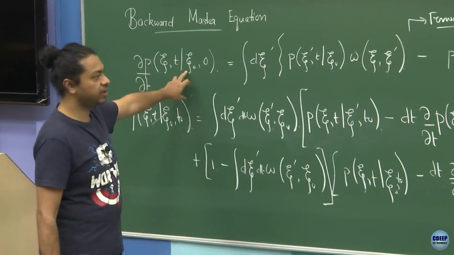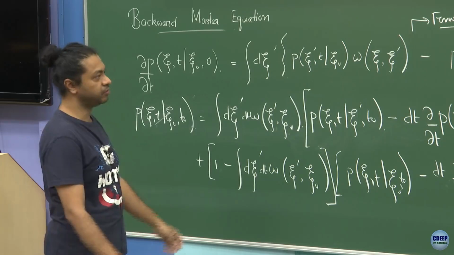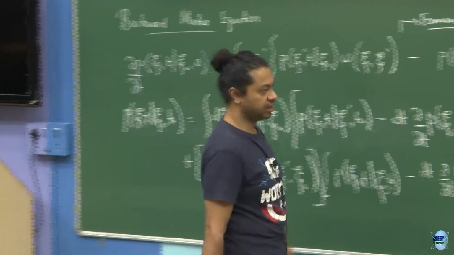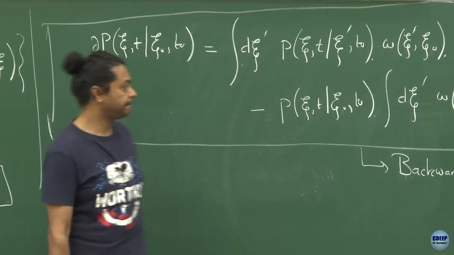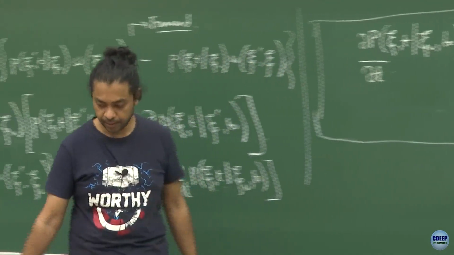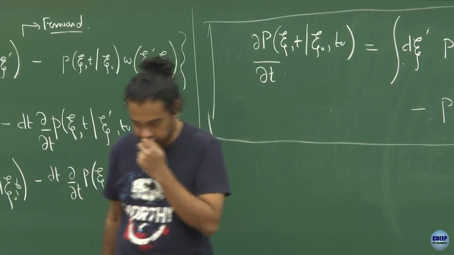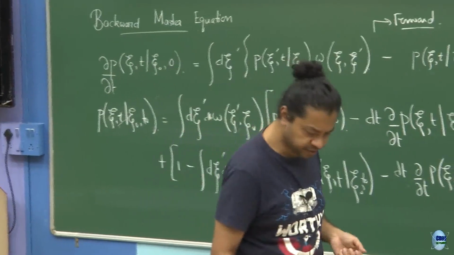So both of these are essentially describing the same physical process. It's just two ways of looking at this time evolution, one by considering the final state and another by considering the initial state. Is this part clear? It has certain advantages. Mostly people look at forward equations.